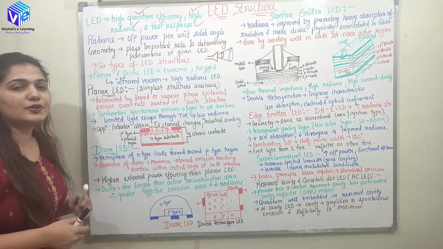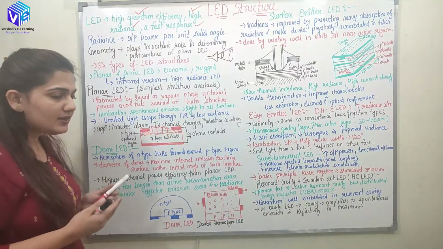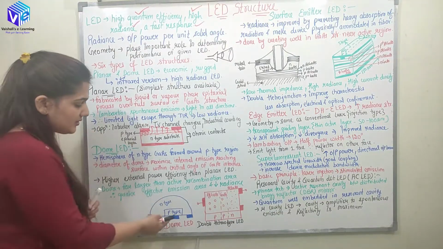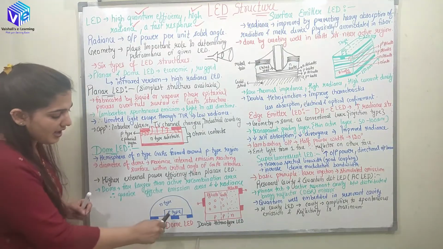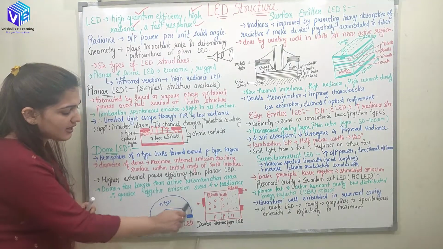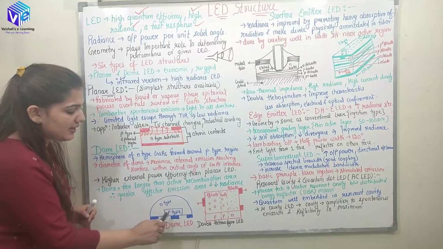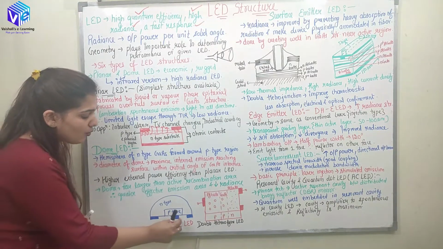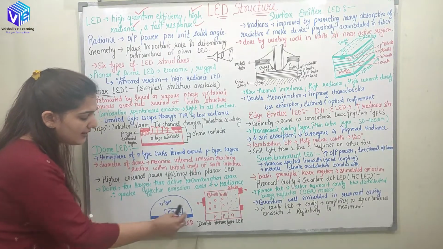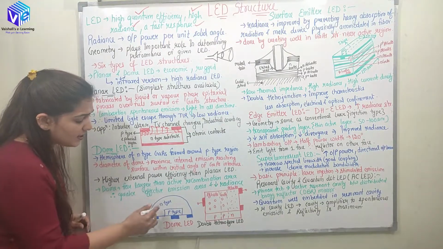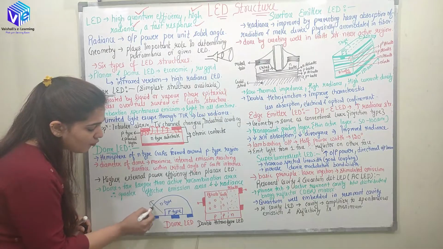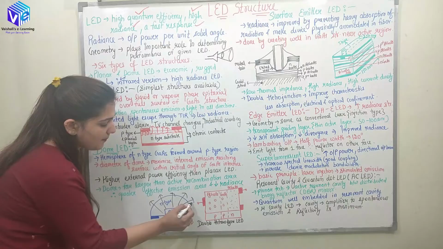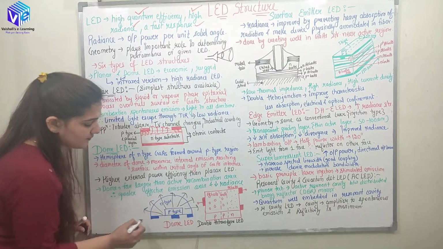Now coming to the dome shaped LED. With the name, I can guess its structure is similar to a dome. Yes, the structure is like this. We have the p-type region over which we have the circularly shaped n-type region. It's a spherical structure, and below the p-type region and the n-type region we have the ohmic contacts. So you can see we have the ohmic contacts below the structure, so the light can escape out in all of the directions.